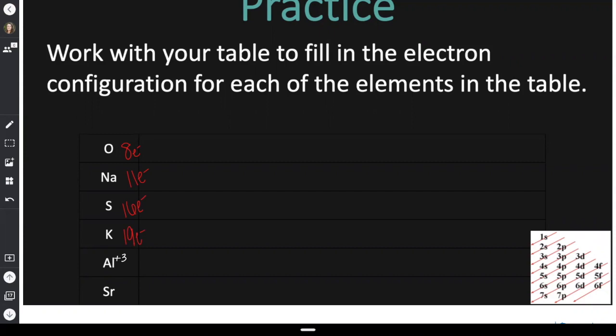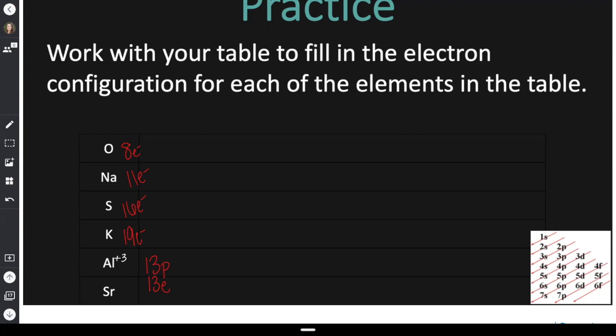Oh, let's look at aluminum. Those of you wondering, how do I know if it's positive or negative? How do I know if it's not neutral? Well, here you see it. See that +3 at the top left? That tells you aluminum is positive. So let's think about it. Aluminum originally had 13 protons and 13 electrons. But now it's positive by 3. And remember, only our electrons can change.